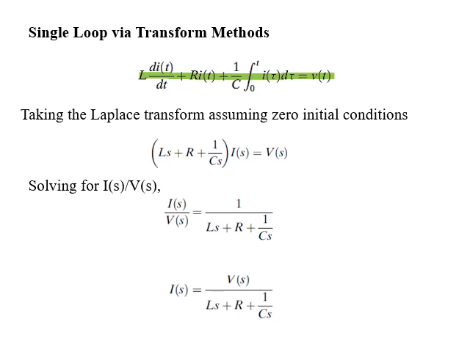If we take Laplace transform with zero initial conditions, we'll have a simple algebraic equation. Using cross multiplication, we'll have a transfer function of current to source voltage, and on further simplification, we can have a relation for current I of s.